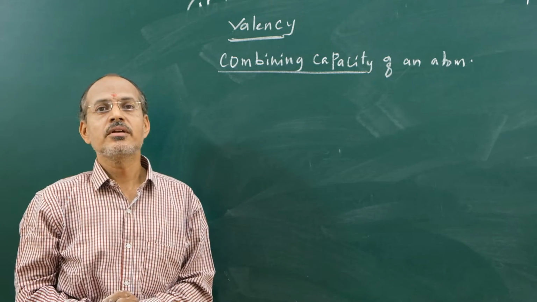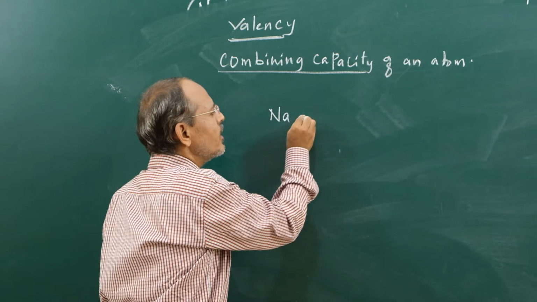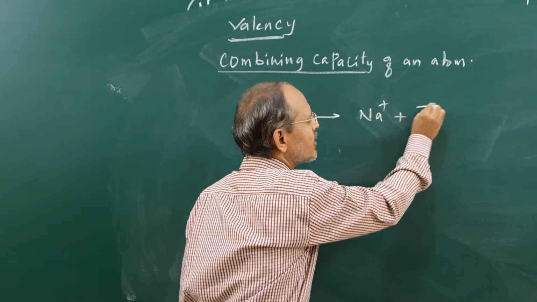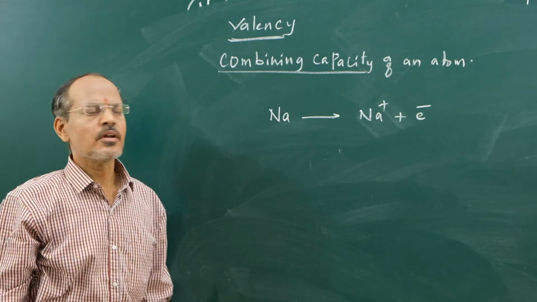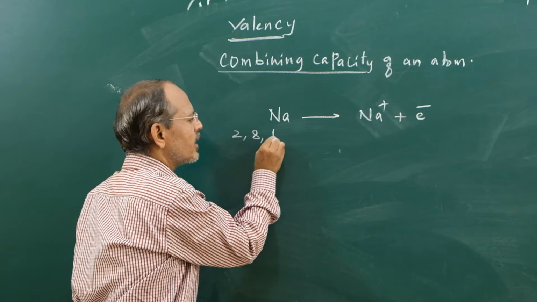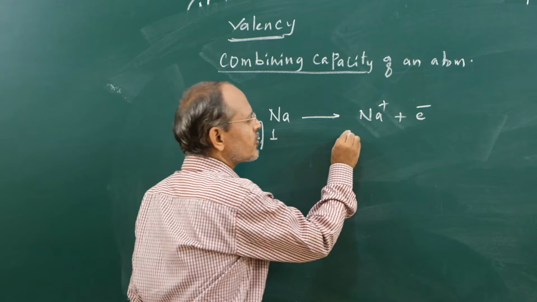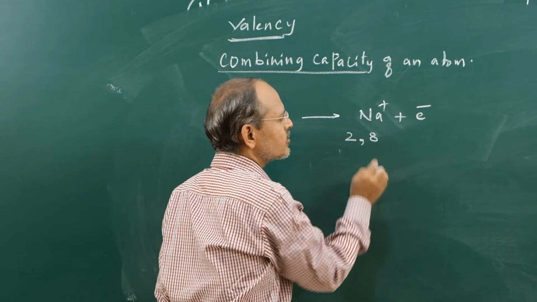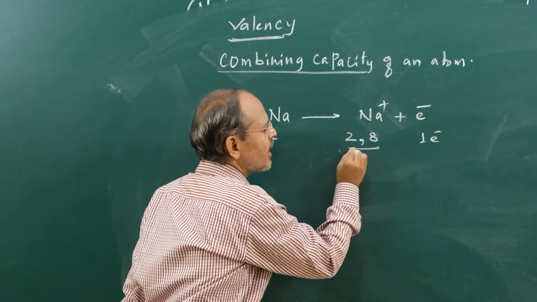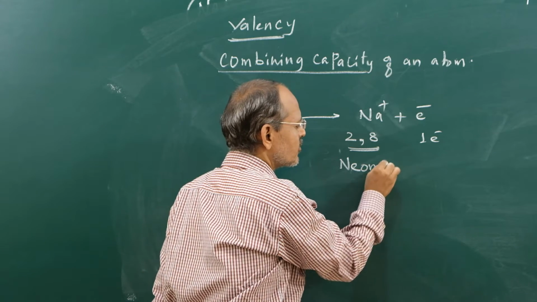Okay, now sodium, I'll write Na gives rise to Na plus and an electron. Here it is 2, 8 and 1. You know this configuration already, and it becomes 2, 8. Okay, one electron is separated. Now this we call the noble gas configuration, called neon configuration.